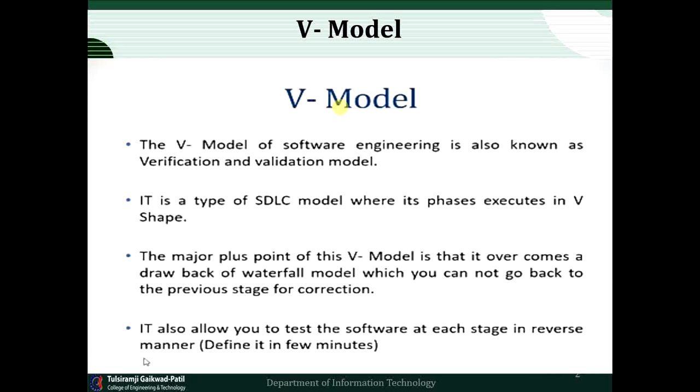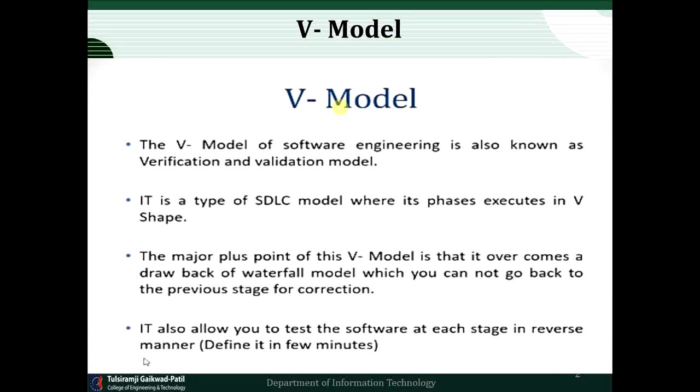If we construct any model and want to reconstruct it due to some changes, we cannot reverse it. So these are the disadvantages of the waterfall model. To overcome these disadvantages, we have the next model called the V model.